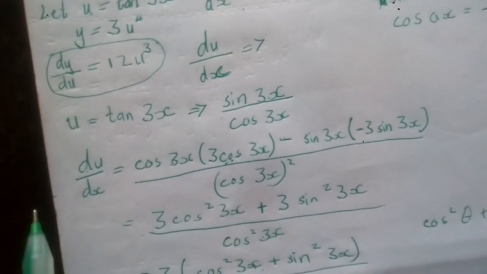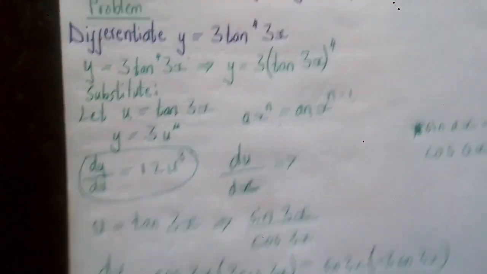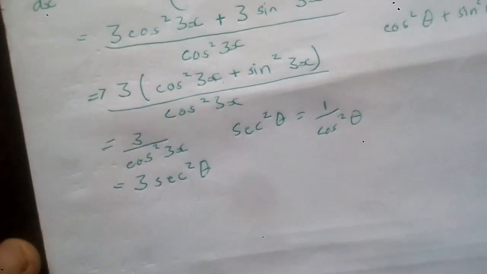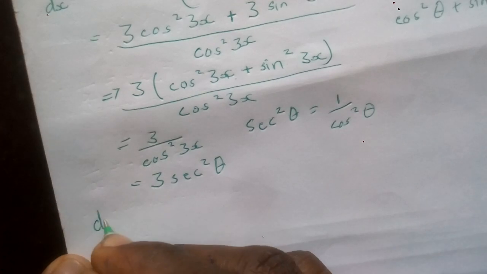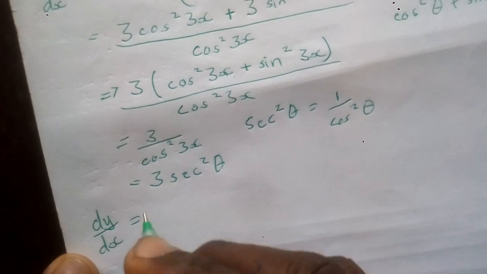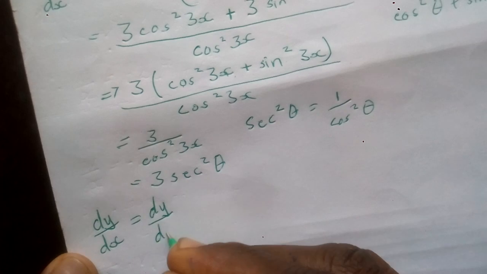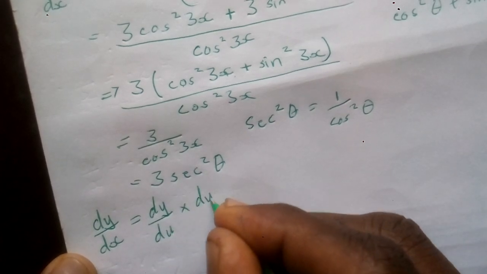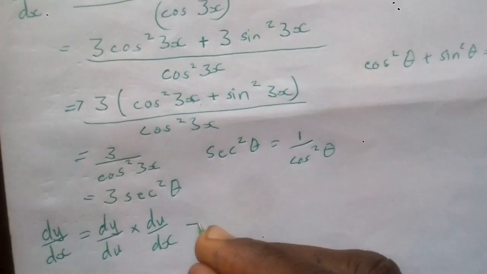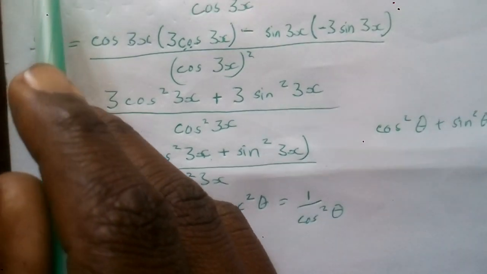Now we have du all over dx, and we have dy all over du. So let us multiply. Dy all over dx is equal to, the general formula, dy all over du times du all over dx.